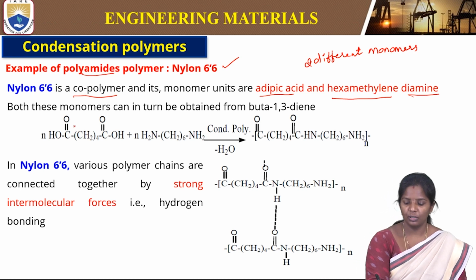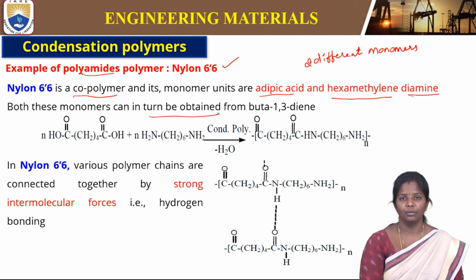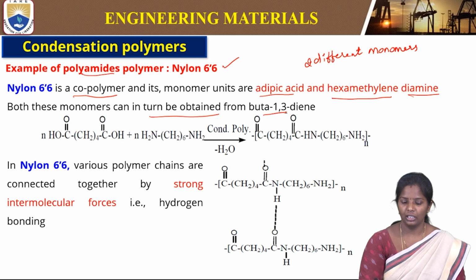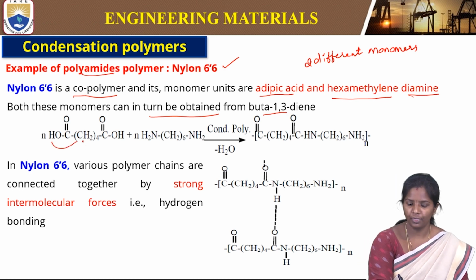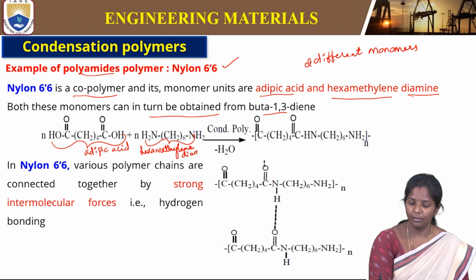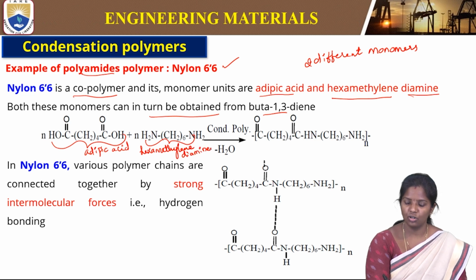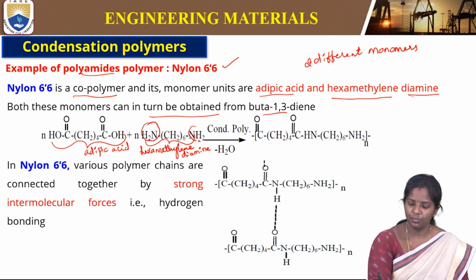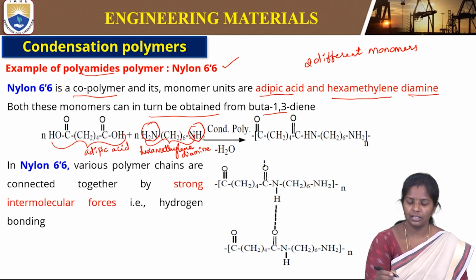Both these monomers can be obtained from butadiene. This is the adipic acid, and this is the hexamethylene diamine. If you see the structure also, diamine has 2 amine groups and 6 carbons, that is hexamethylene.